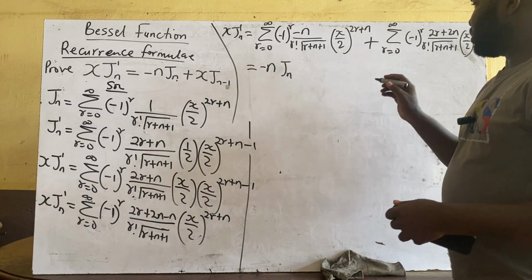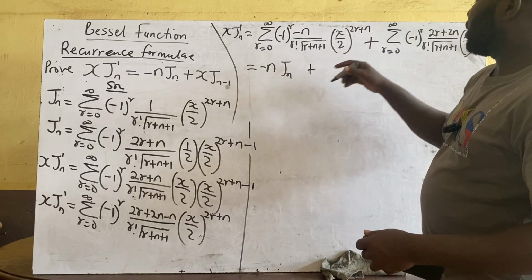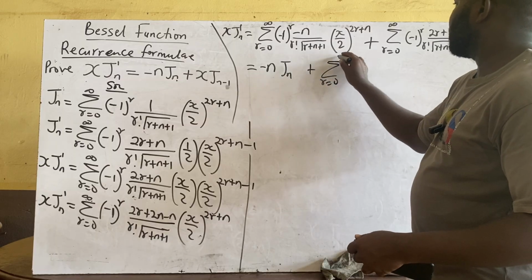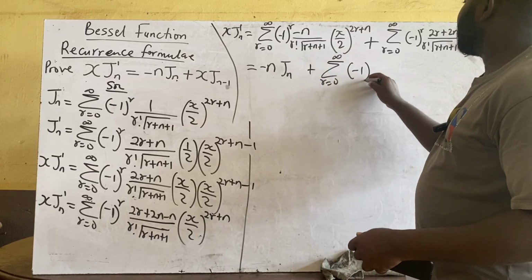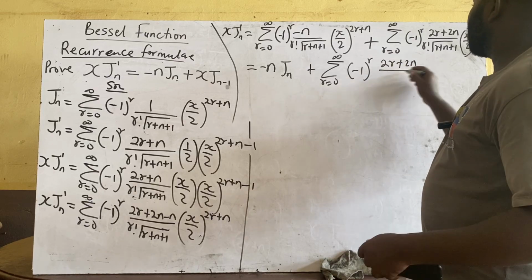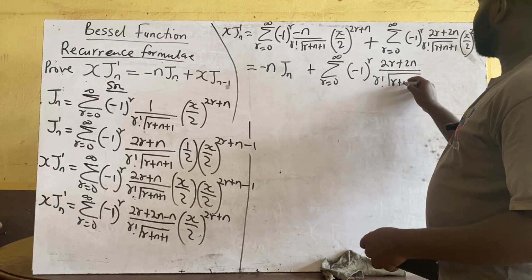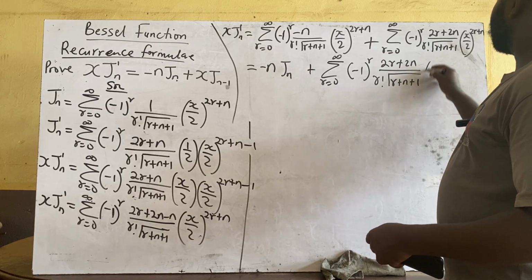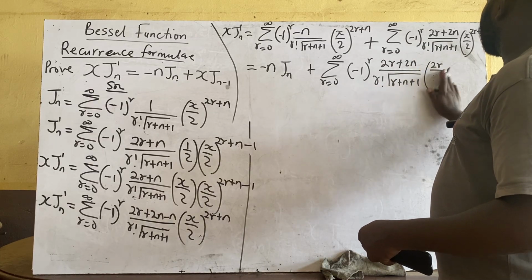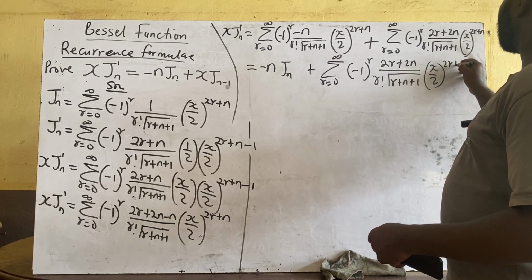So you can say, okay, plus this one now, let me just write this. R equal to 0, then I'm having minus 1 raised to power r, then 2r plus 2n all over r factorial, then gamma function of r plus n plus 1, then I'm having x over 2, then 2r plus n.